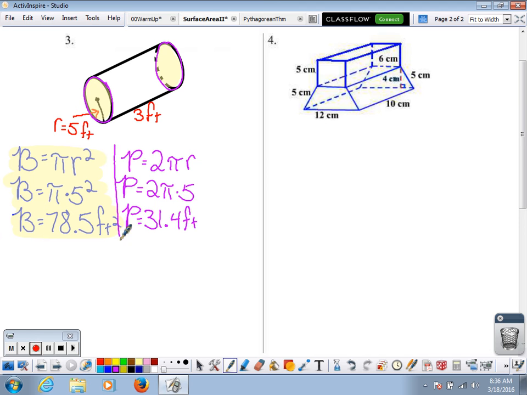So we have the area of the base, we have the perimeter of that base. Now we can sub those in to surface area equals 2 times the area of the base plus the perimeter of that base times the distance between those bases.